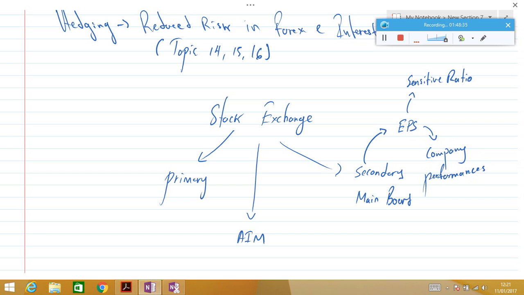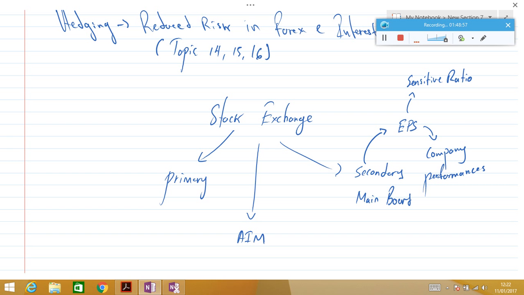It looks very simple, but EPS is very complicated. So we cannot play around with EPS. Normally the listed company will take care of its EPS so well so that it won't be affected. Even the stock exchange always watches the earnings per share.